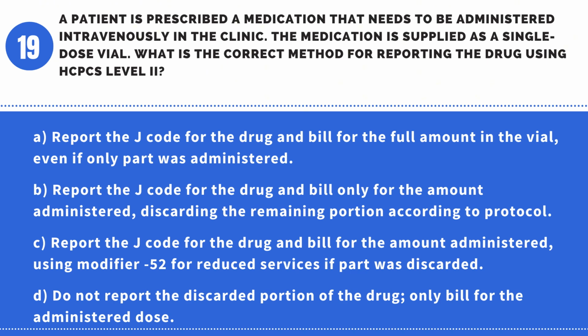B. Report the J code for the drug and bill only for the amount administered, discarding the remaining portion according to protocol. C. Report the J code for the drug and bill for the amount administered, using modifier -52 for reduced services if part was discarded. D. Do not report the discarded portion of the drug, only bill for the administered dose.